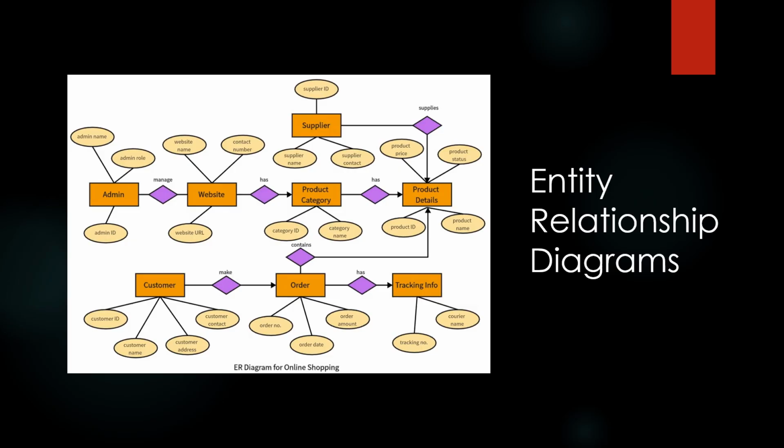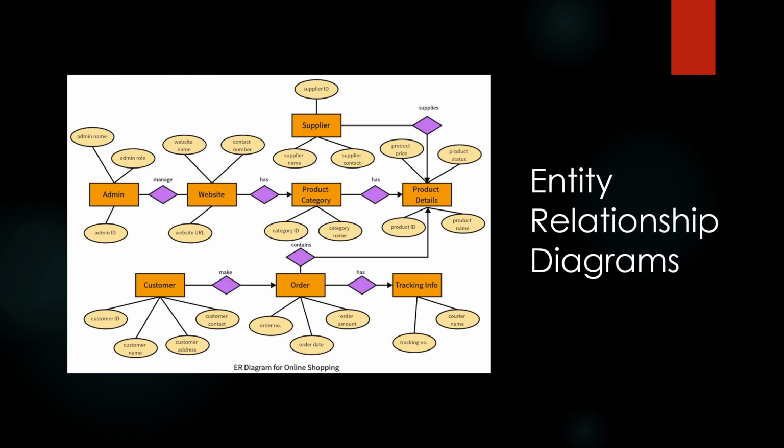Now let's talk about relationships and ERDs. An ERD, or an entity relationship diagram, is a diagram that displays the relationship of entities stored in our database. In other words, ER diagrams help to explain the logical structure of the databases.